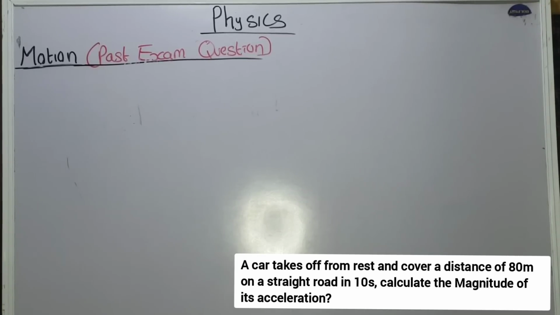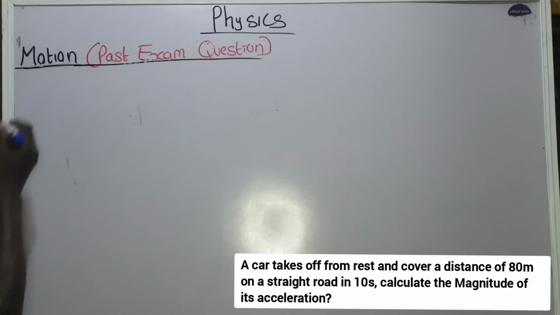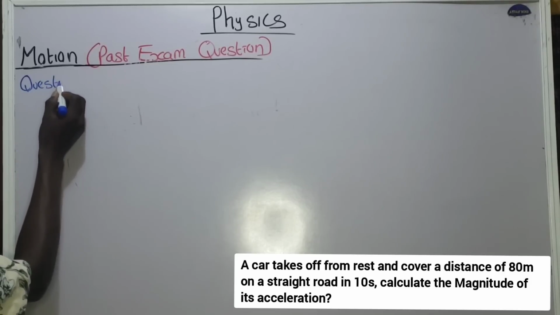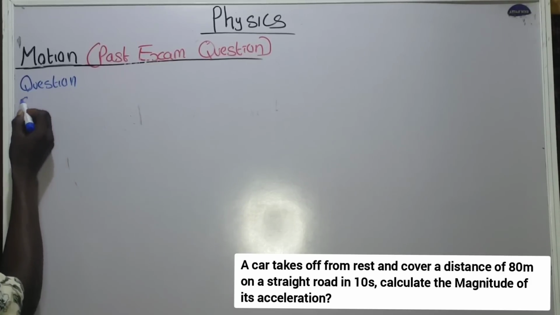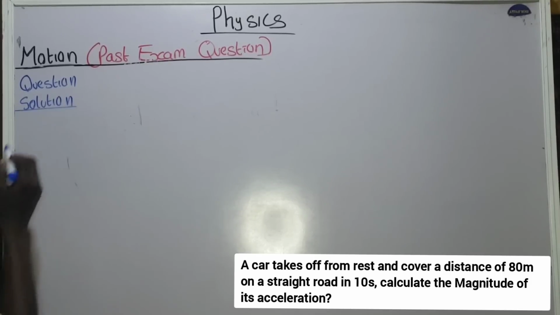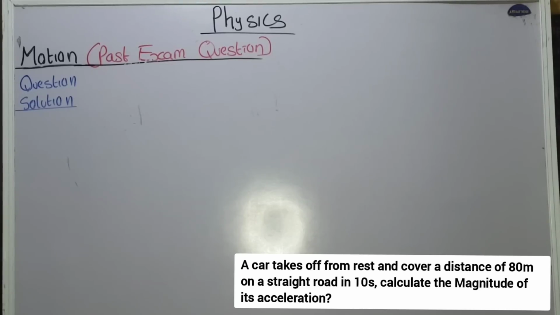Okay, let's start by writing out the information that we are given in the question. We are given that a car takes off from rest. So we have question 1, solution. A car takes off from rest and covers a distance of 80 meters.